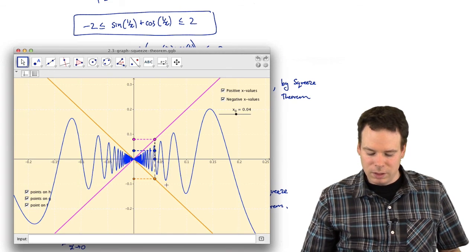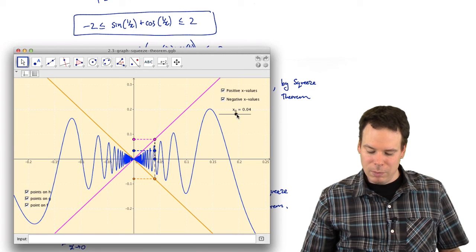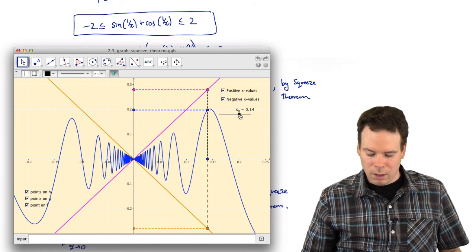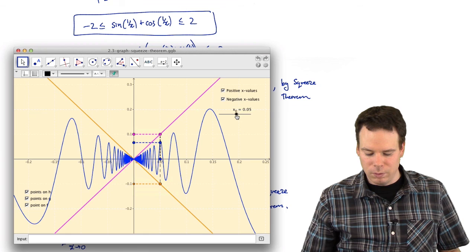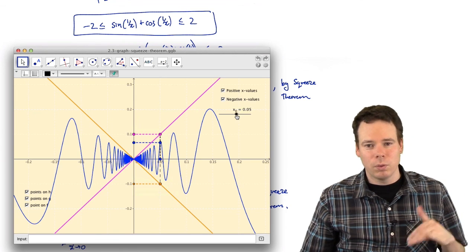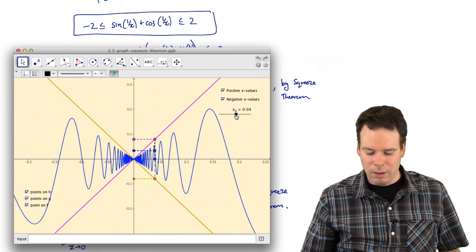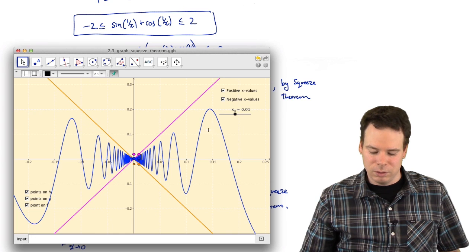When x is positive, it's below the curve. And so what that means is for any x value, the value on the function is trapped between the two values, one on the pink curve, one on the orange curve. And those two curves are heading towards 0 as x gets close to 0. And so the point on the blue curve, being trapped between them, must also go to 0.